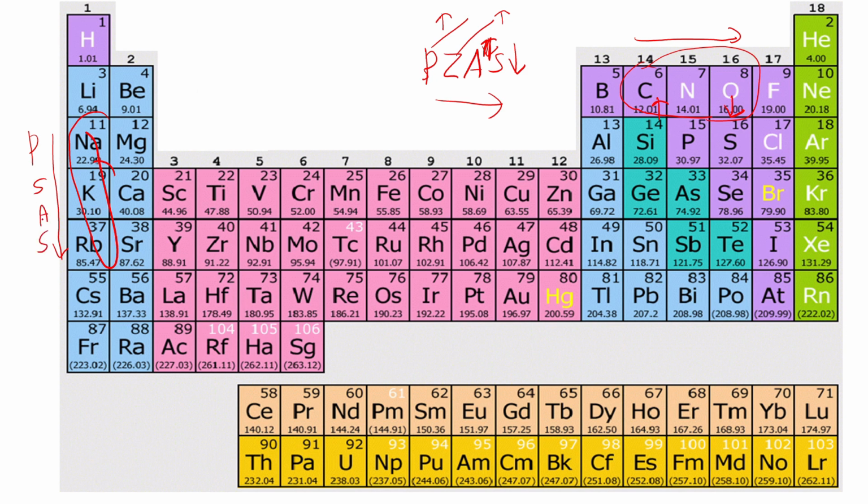So, down a group, period number increases. So, when period number increases, S refers to screening. Screening is caused by inner orbitals increasing. So, screening effect increases, the attraction will decrease. So, size of atom will increase. Largest atomic radius is rubidium.